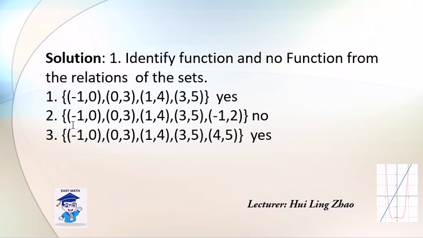That means one x value corresponds with more than one y value, so it is not a function, right? Number 3 is (-1, 0), (0, 3), (1, 4), (3, 5), (4, 5). We check the x values: -1, 0, 1, 3, 4. Because the x values are different, we don't need to check the y values again. We verify this is a function.